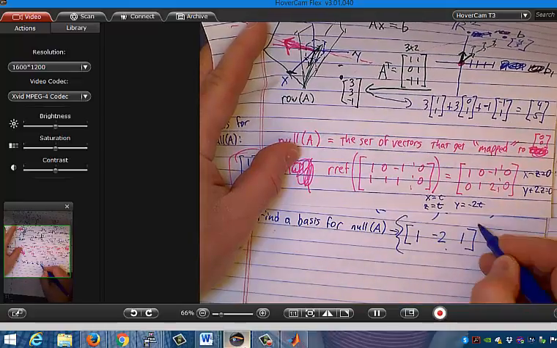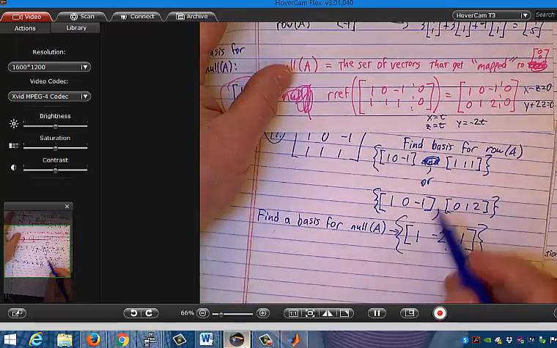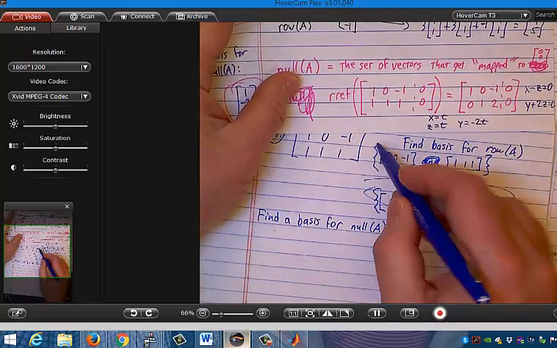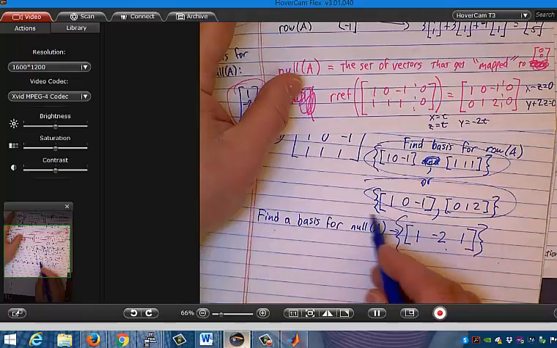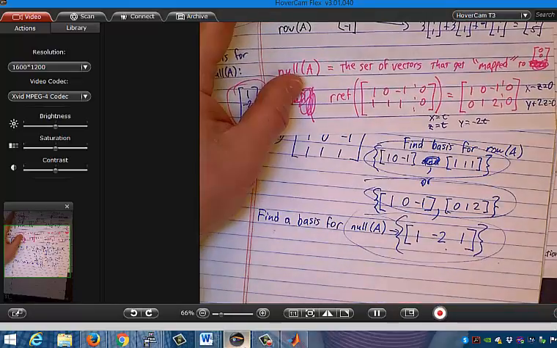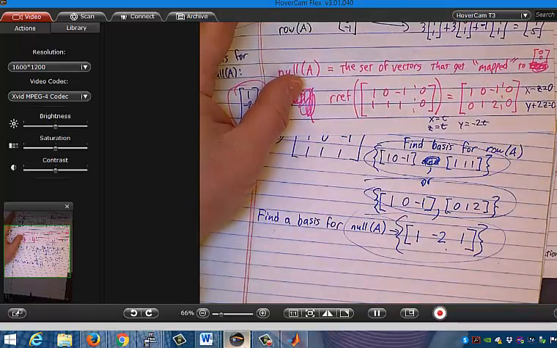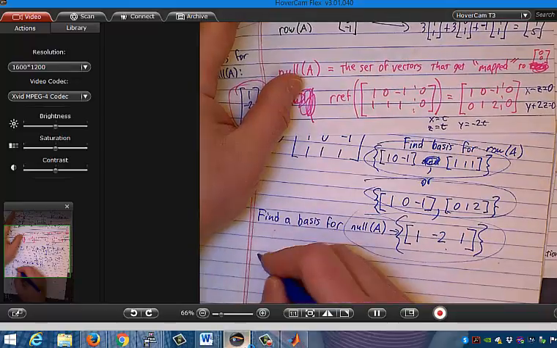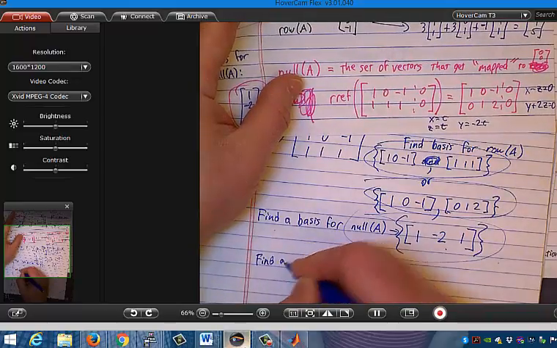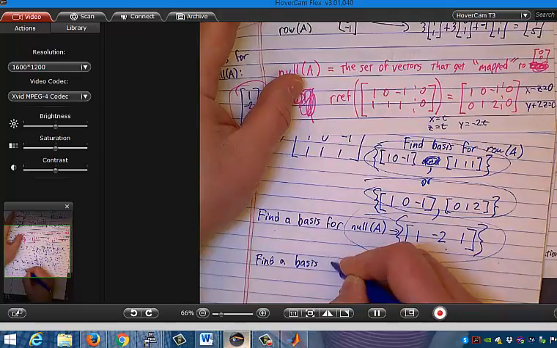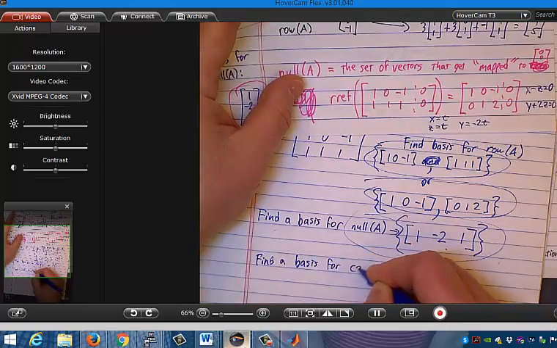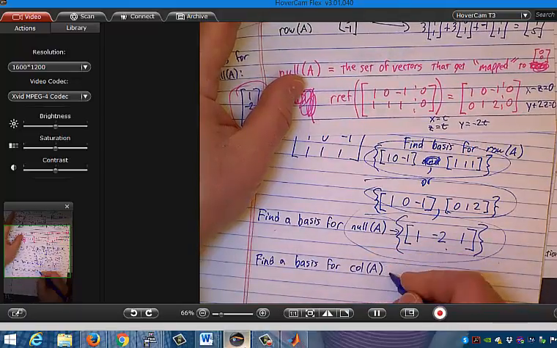That's a basis for the null space. So here's a basis for the row space, or this one. Here's a basis for the null space. Okay? Last thing, find a basis for the column space of A.